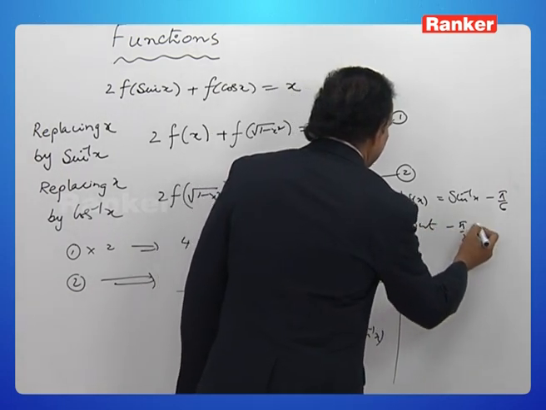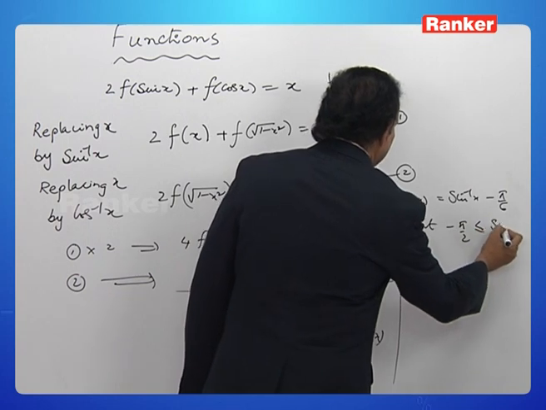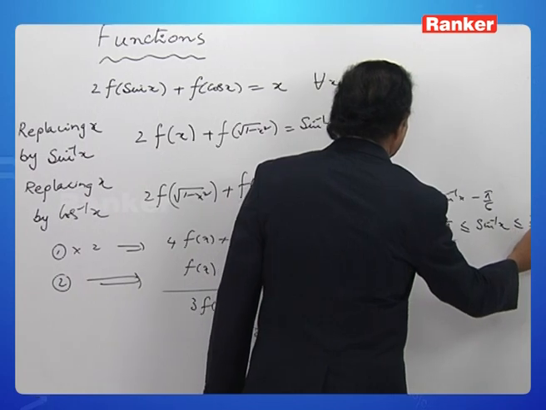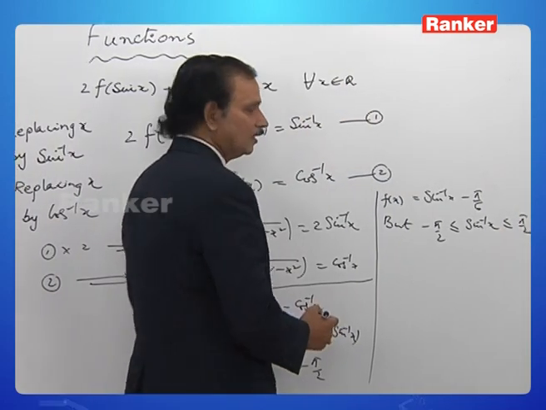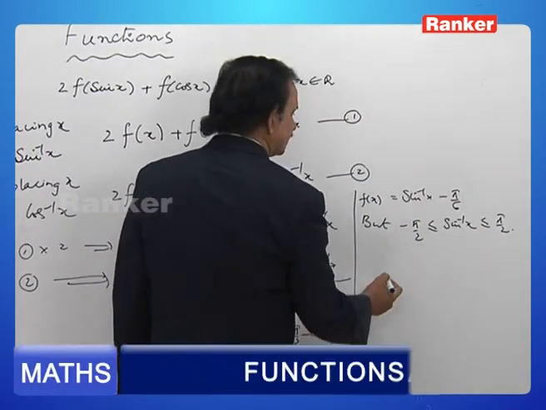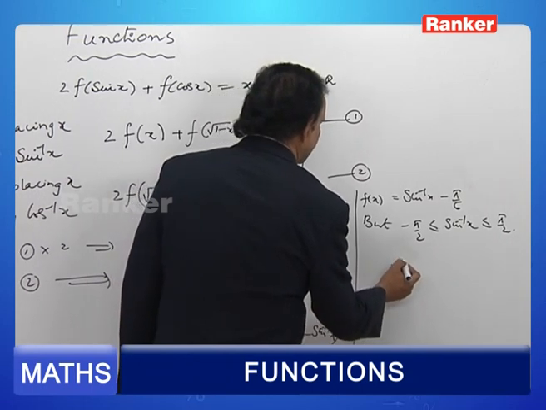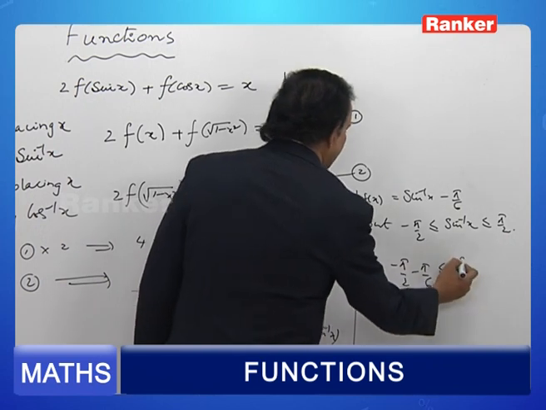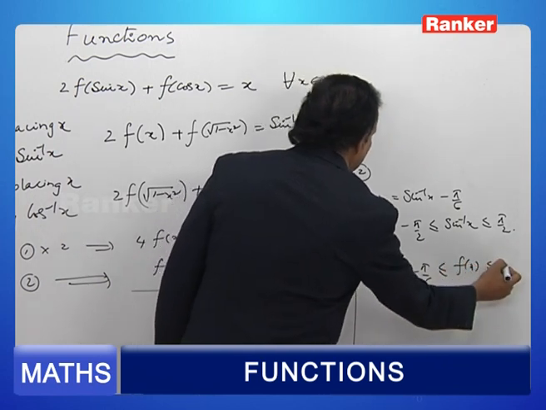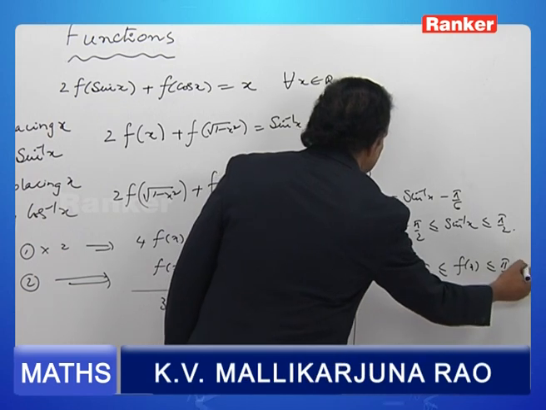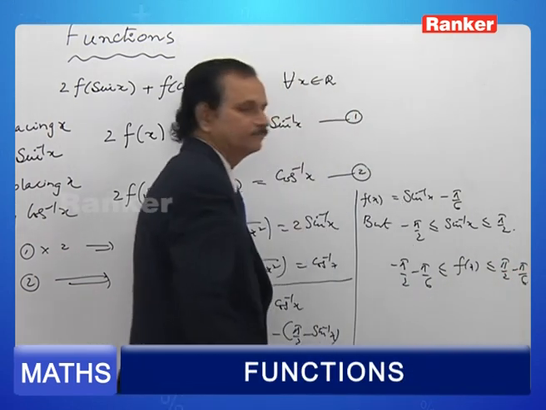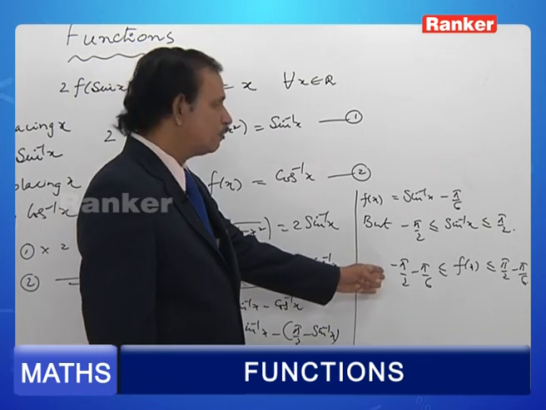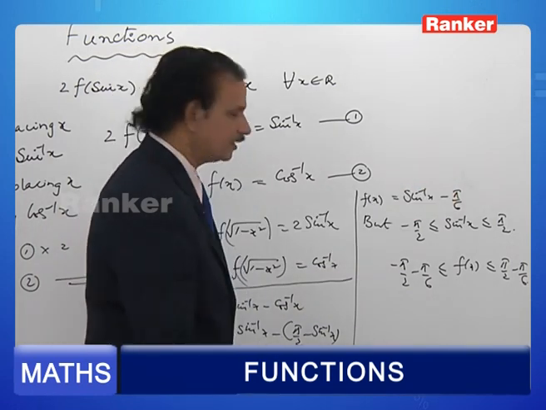Minus pi by 2 less than or equal to sin inverse x less than or equal to plus pi by 2. Subtract pi by 6 on all the sides. Minus pi by 2 minus pi by 6 less than or equal to f of x less than or equal to pi by 2 minus pi by 6. It is just nothing but minus 2 pi by 3 and pi by 3.